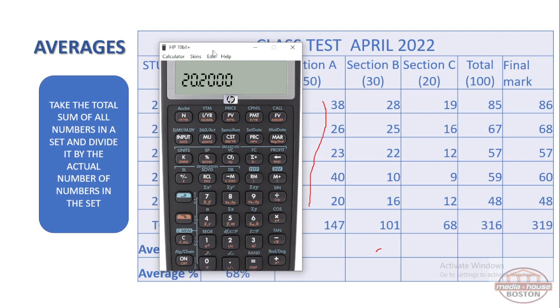You said you got 20.2. Yes, I got 20.2. And your percentage? I got 20%. You got 20%.